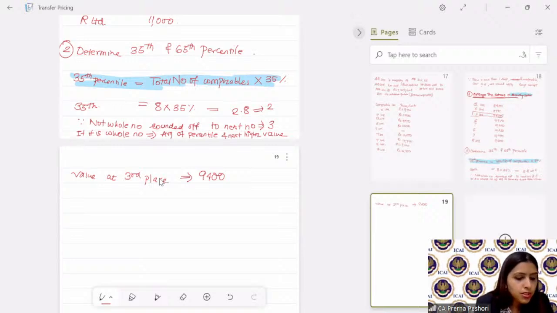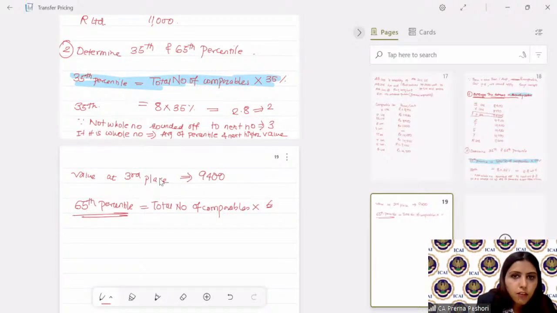Now we move towards the 65th percentile. Again, total number of comparables into 65%, which is 8 into 65%, equal to 5.2. Is it a whole number? No, it is not.